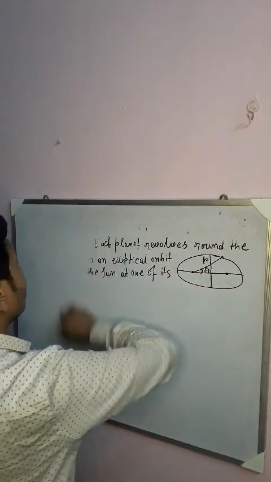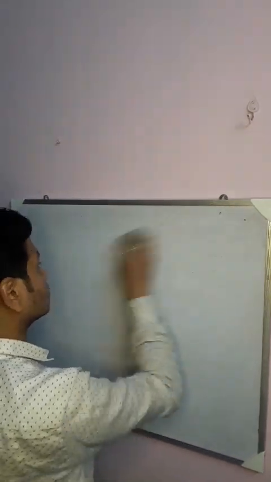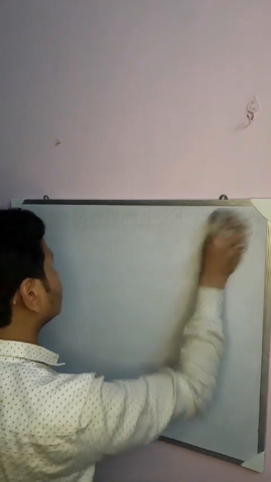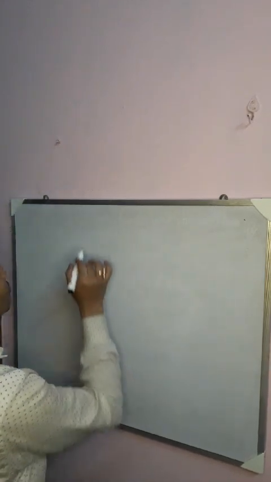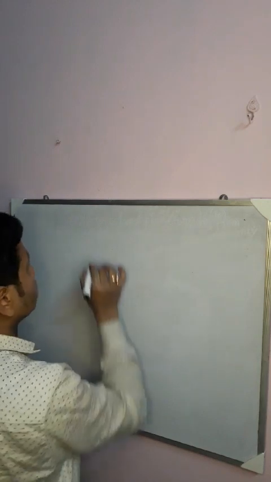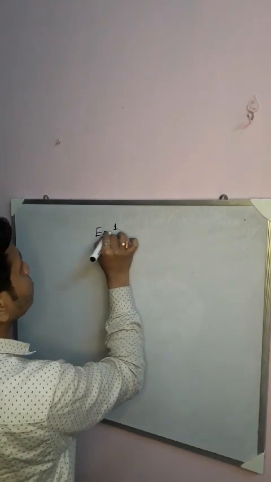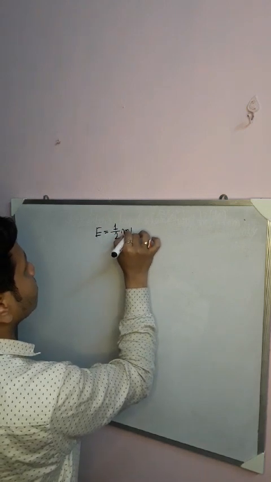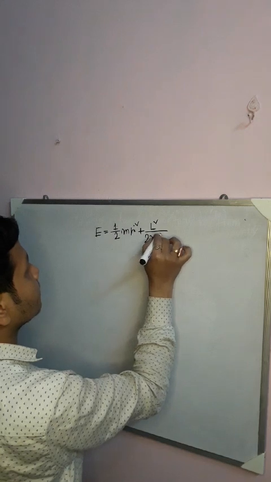So how can we explain the first law, that is the conic section equation or introduction of elliptical orbits? So let's proceed. The total energy of a particle in a central force field remains constant. So we can write this as I proved earlier.